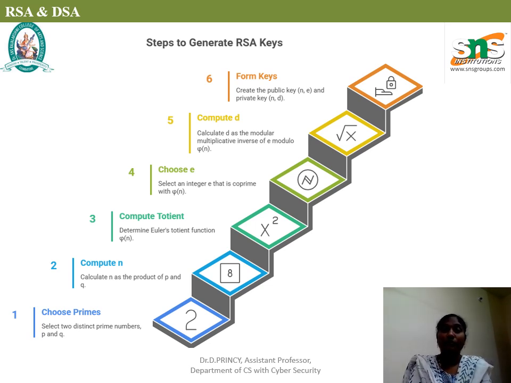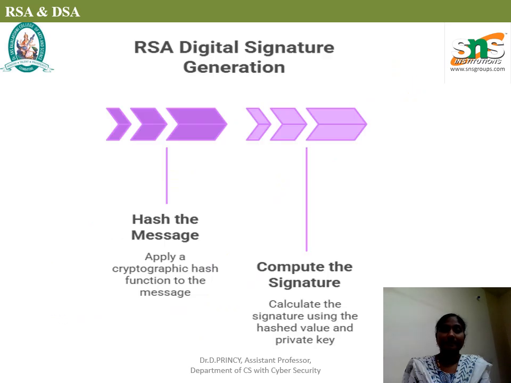Next, we have to compute D. D is nothing but the modular multiplicative inverse of E modulo totient n. The final step is to form keys. From the previous computation, we create the public key (n, E) and the private key (n, D). So E is the public key and D is the private key.